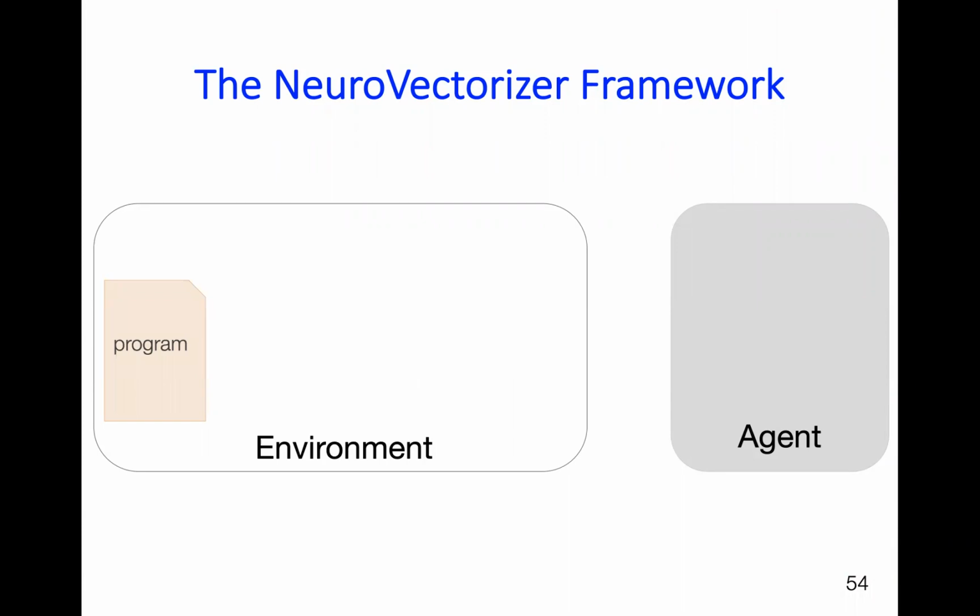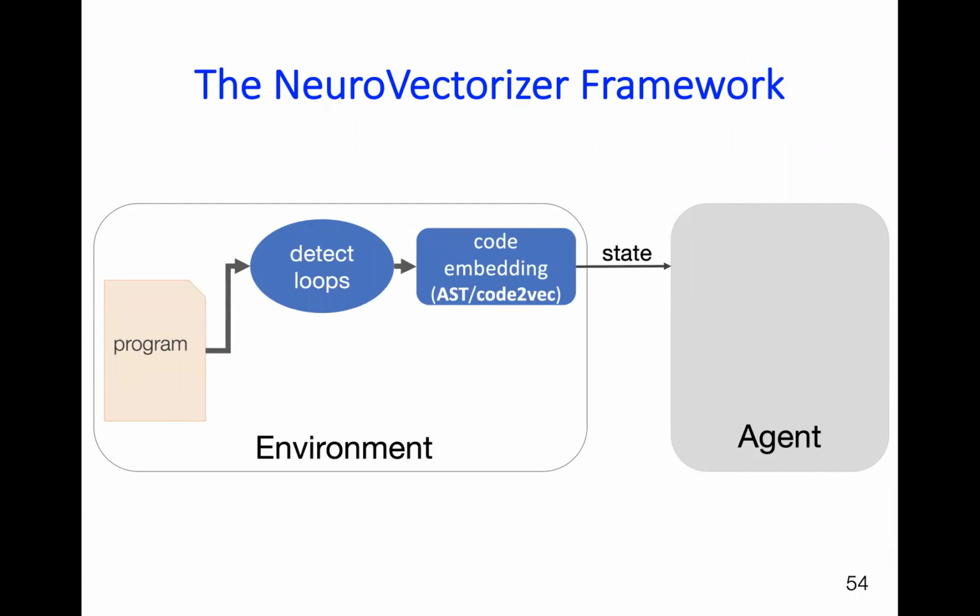And in this program, we detect all the loops. And then we generate the code embedding. We actually used two techniques here to generate the embedding. We used code2vec, which uses attention, a more complex model that translates code to a vector, or we just use the abstract syntax tree as a state.